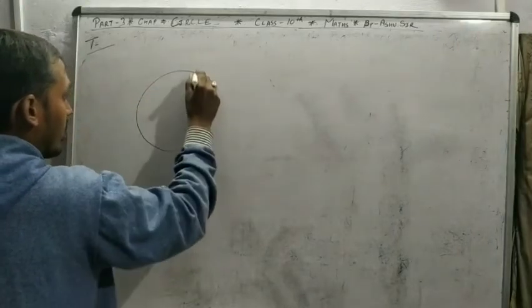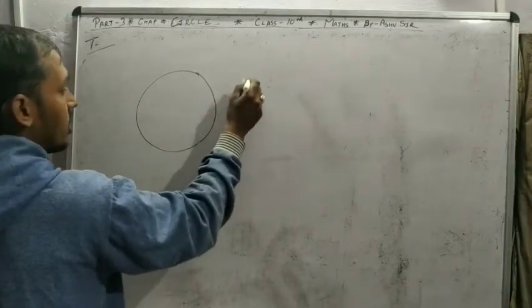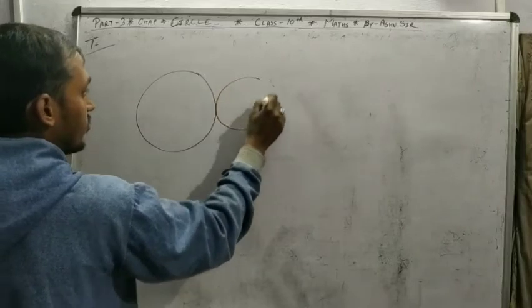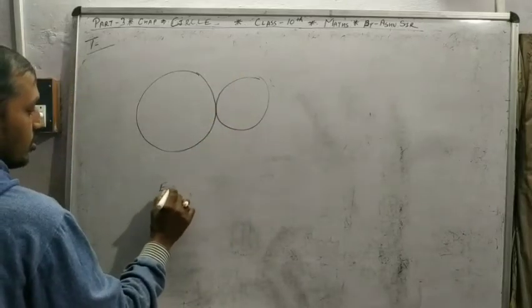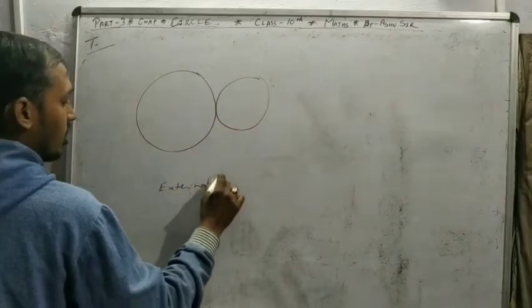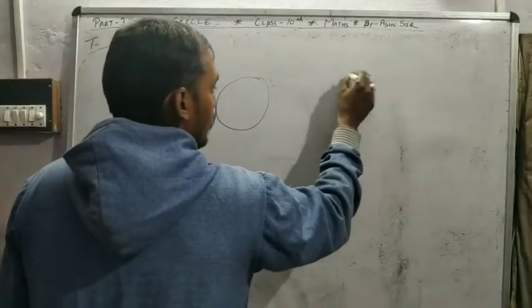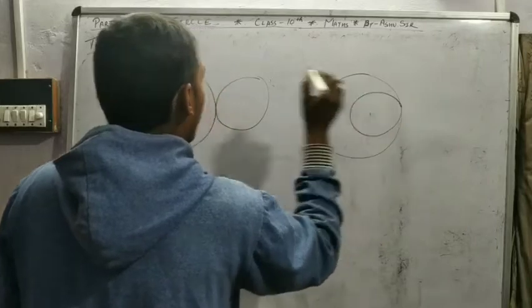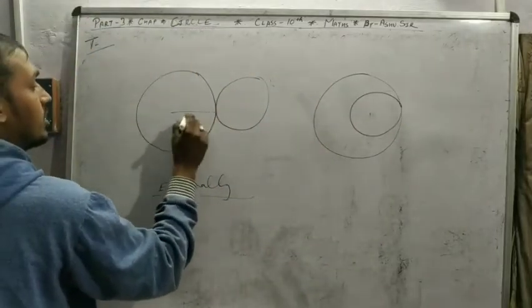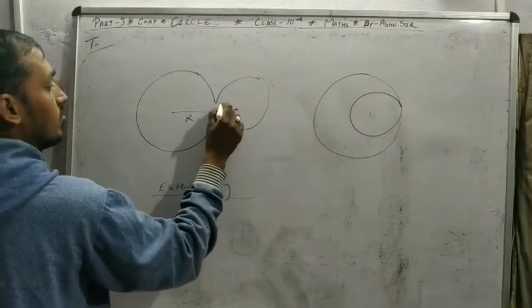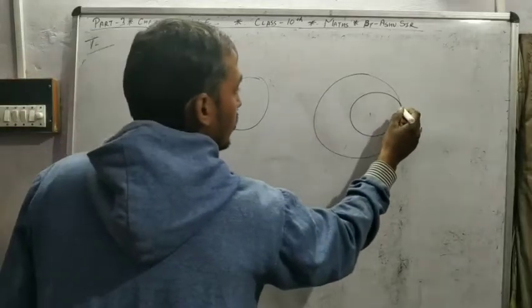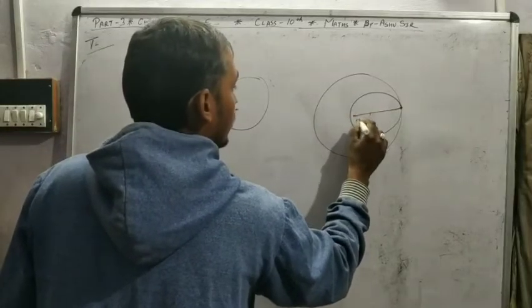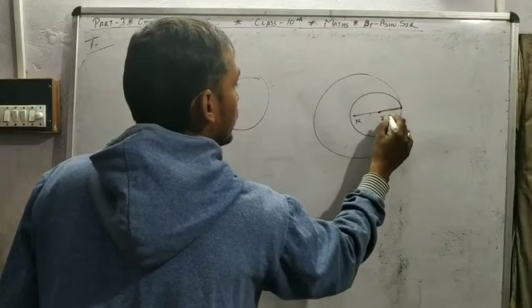If two circles touch each other, this one touches externally, and this one touches internally. Radius capital R and radius small r.